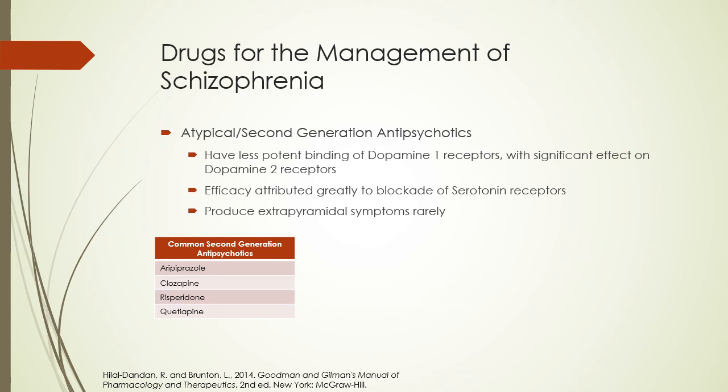So here are the common second generation antipsychotics. Aripiprazole is a very potent antipsychotic, and it exists in an intramuscular depot form, which means that patients with psychosis can have very good control of their disorder with just one intramuscular shot of aripiprazole per month.